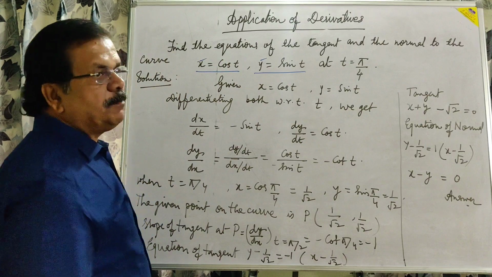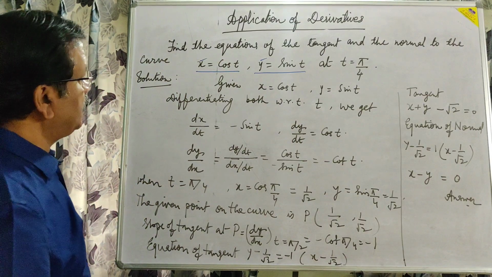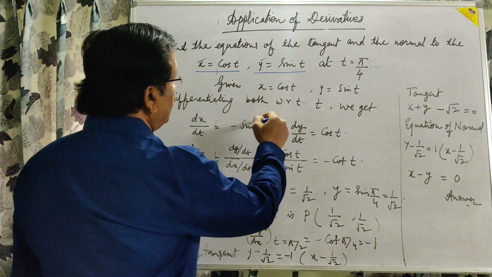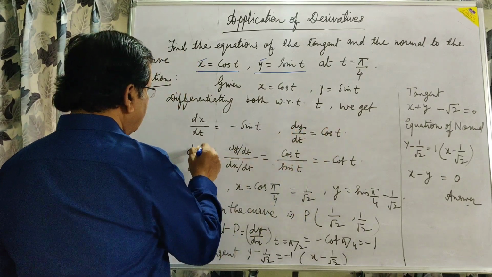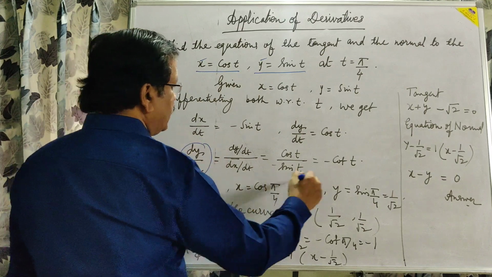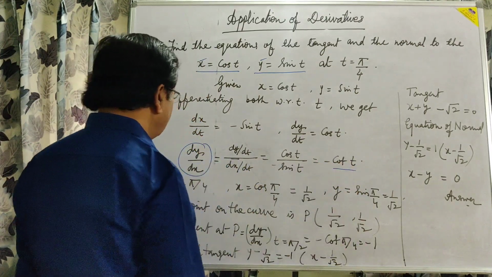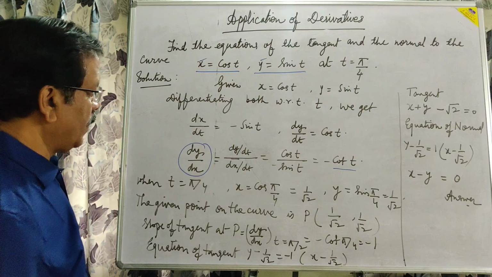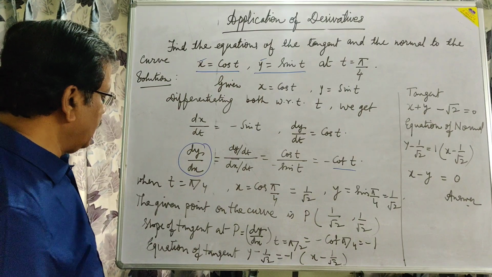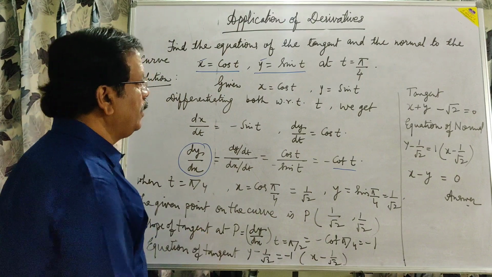In this type of function we differentiate dx by dt and dy by dt. Then after division we get dy by dx, and that will be the slope of the tangent. So at t is equal to pi by 4 we can find the value, and likewise we can write the equation of tangent and normal.